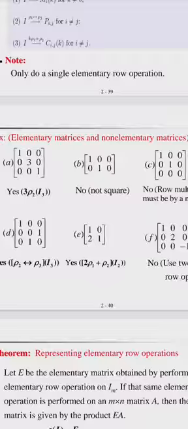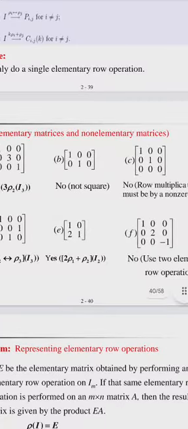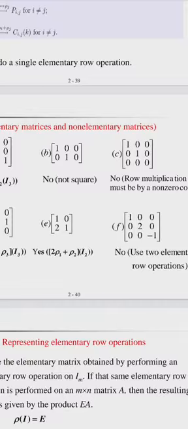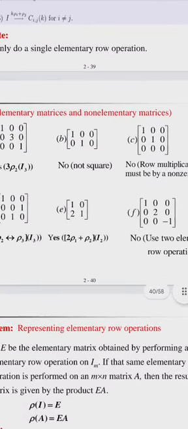So this matrix is a non-elementary matrix. Then third one: 1 0 0, 0 1 0, 0 0 0. This matrix is a non-elementary matrix, because row multiplication must be by a non-zero constant.